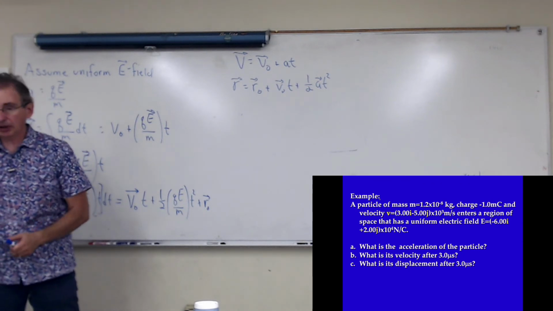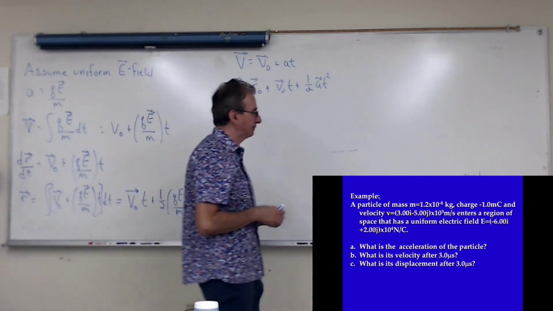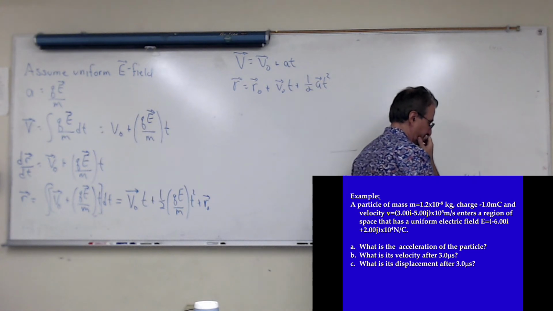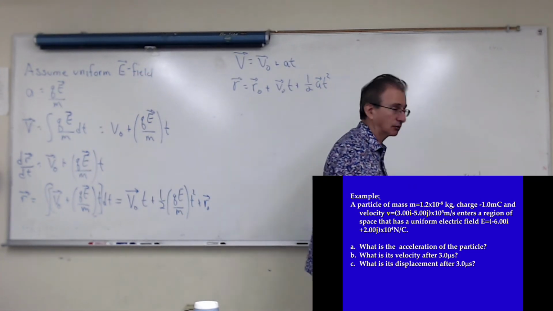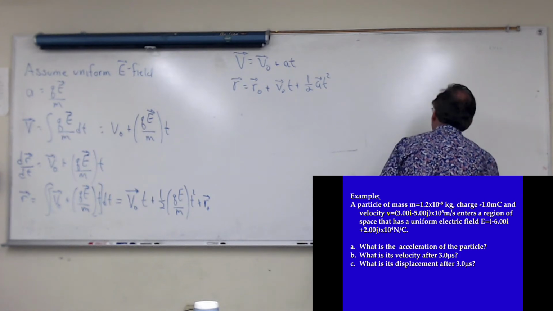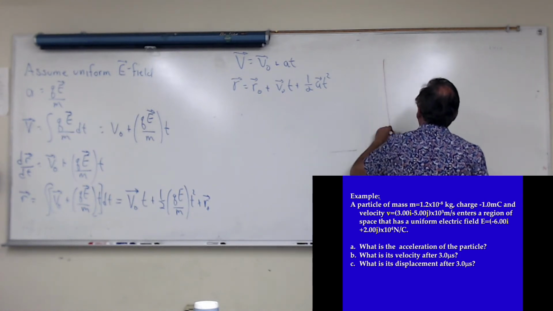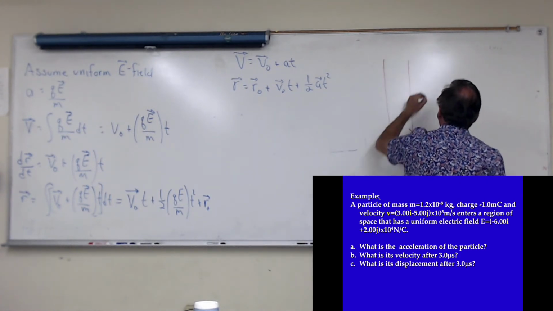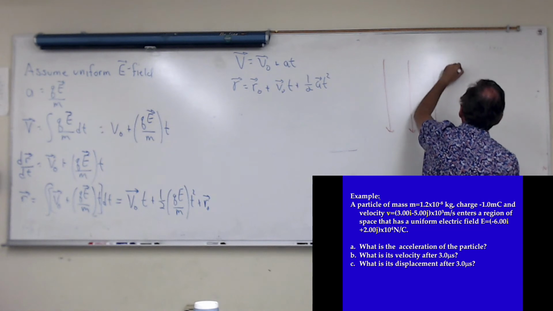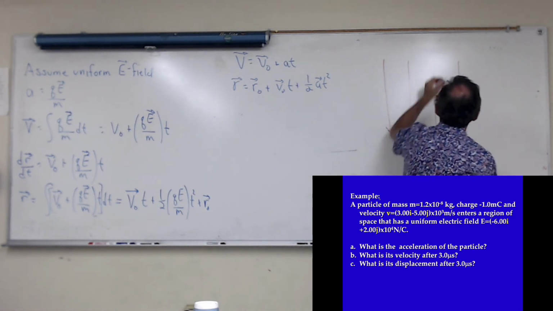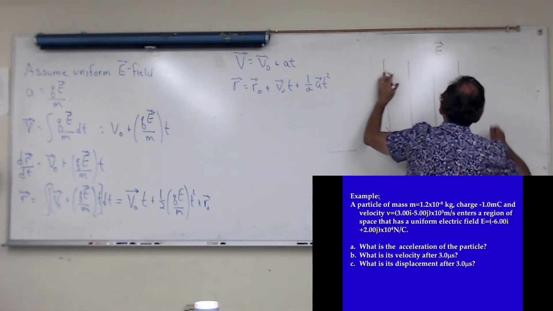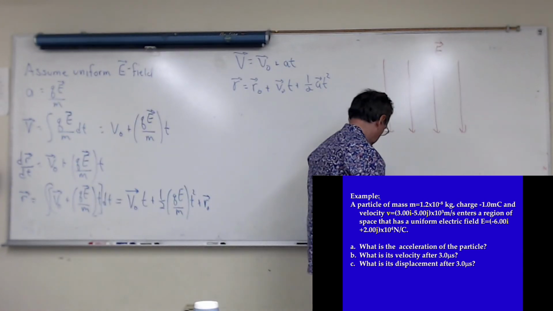So let me give you an example. Suppose I have an electric field that points downward and is uniform. I'm going to draw the arrows. So E points downward, the same value in this region.